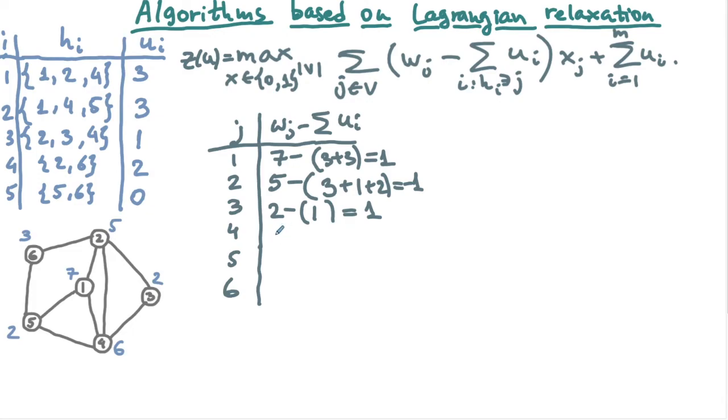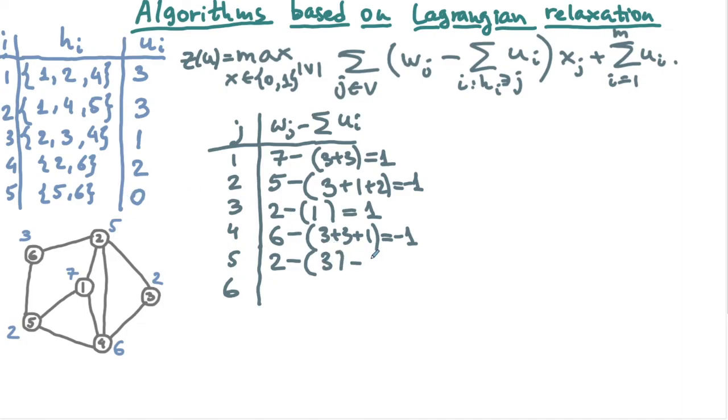Now x4, the fourth vertex has the weight of 6, and then we subtract the summation of ui's. The fourth vertex is included in the first, in the second, and in the third hyperedge. So it's going to be 3 plus 3 plus 1. We have negative 1. For vertex 5, the weight is 2, and the summation of ui's is 3 from hyperedge 2 and 0 from hyperedge 5.